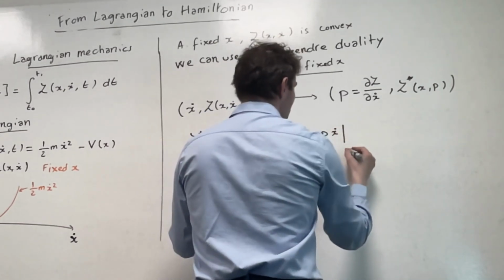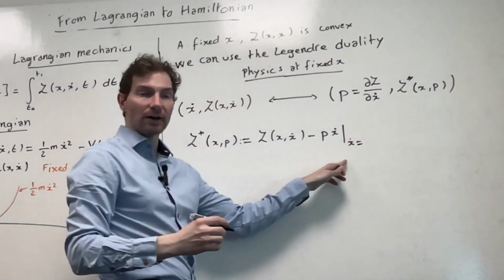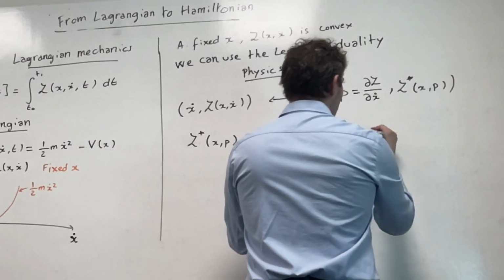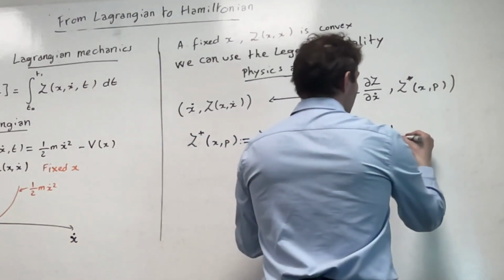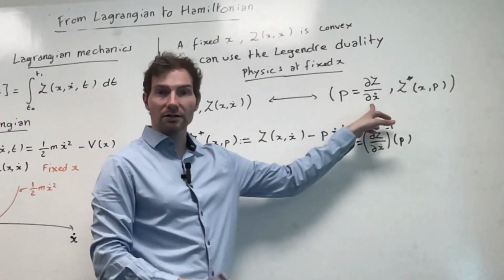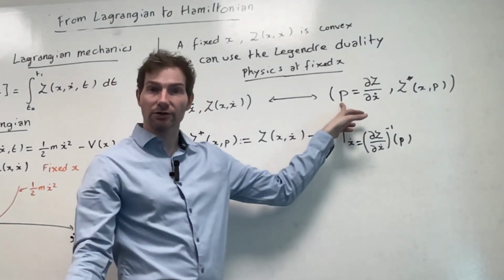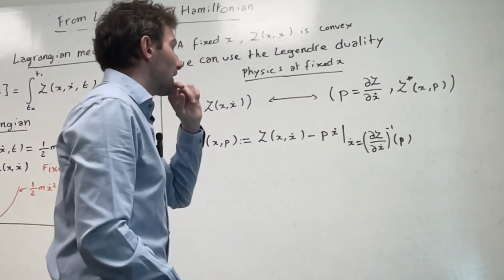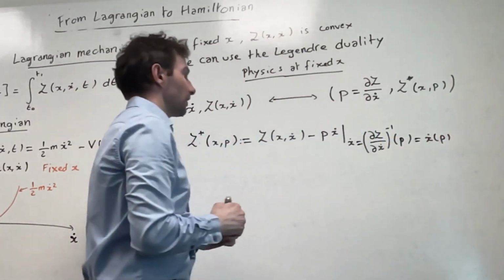Here I need to remind you that this is when x dot is evaluated as (dL/dx dot) to the minus 1, so that's a function, evaluated at p. I want the inverse function of this, to get x dot as a function of p instead of p as a function of x dot. And so you can also just write that as x dot of p. That's the only thing we want in the end.